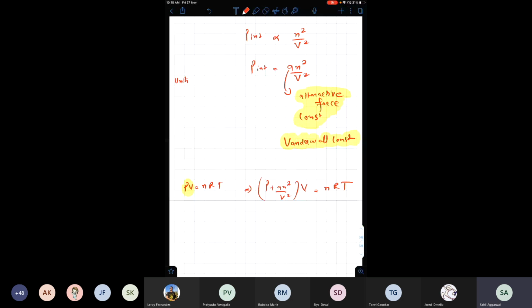Units of a will be equal to P V square by n square. So it is atmosphere, liter square, mole square inverse. These are the units of a.